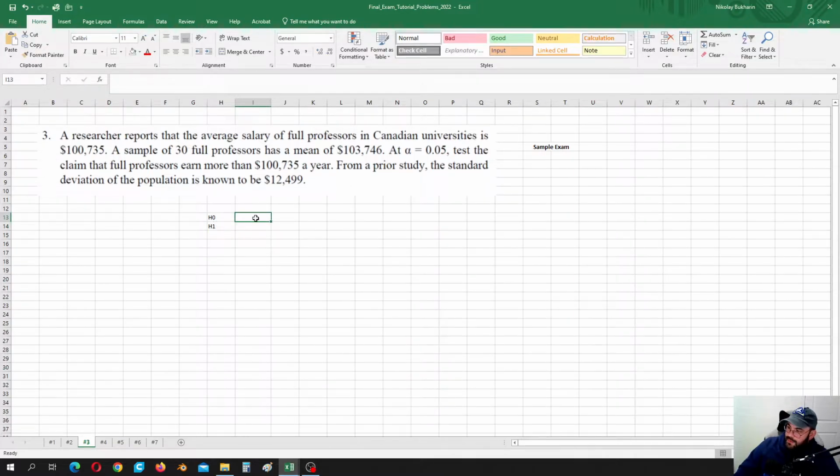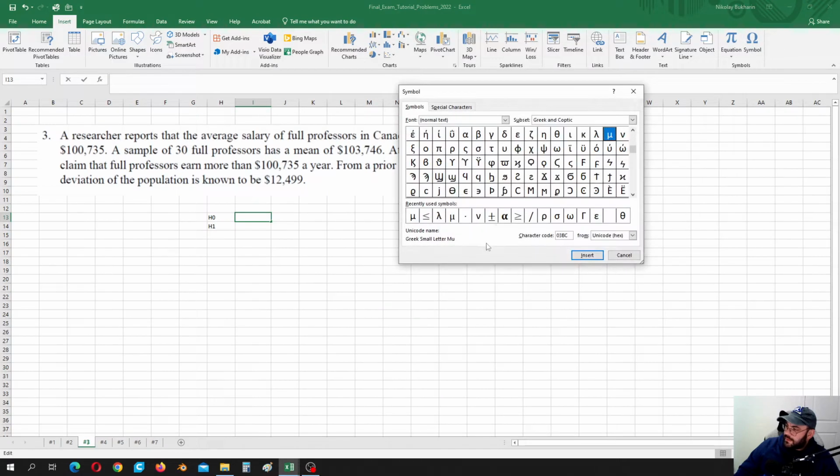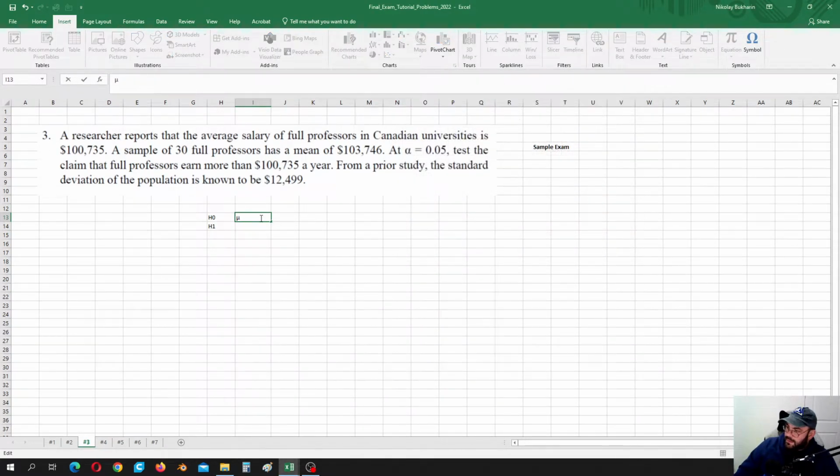H0 is something we know about the population, and we have that report which states that mu is equal to $100,735.